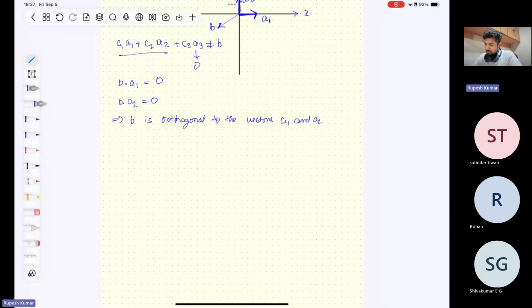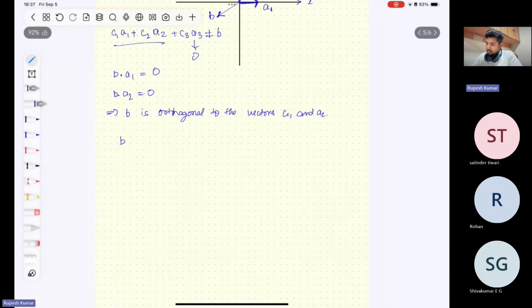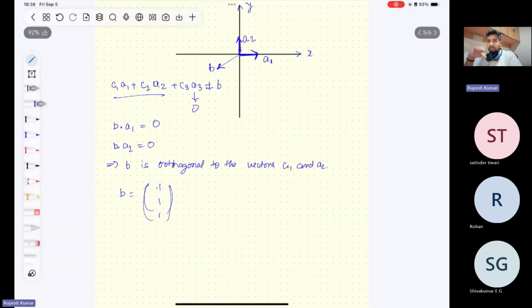Let's say your b vector is something like 1 1 1. You can't get to this vector. This vector is essentially protruding out in some z direction, which is not spanned by the vectors a1 and a2.